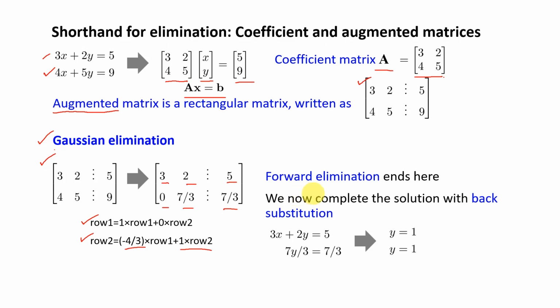We can now go to the back substitution, and for the back substitution, once again we can simply break it down into the equations. You can continue doing elementary operations in this matrix and divide the second row by 7 by 3, which will give you y equal to 1, and then take this y equal to 1 and come on to this x, finding x from equation 1, and then we'll get x equal to 1.